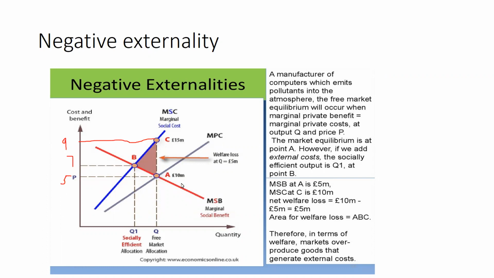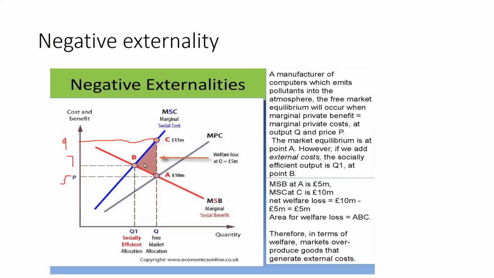When MPC equals MSB at A, that's the market. So without any government intervention, that's where the market is going to go. And from A to C is what we would call the external cost, or spillover cost. And that causes that triangle, which they are referring to here as welfare loss or deadweight loss.